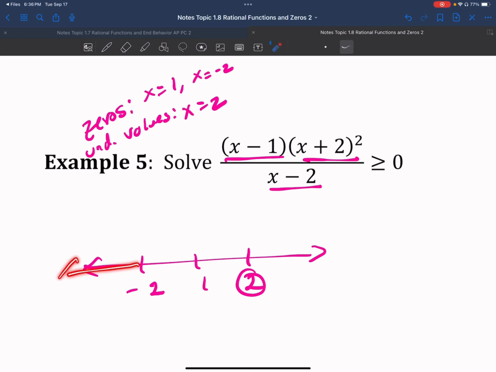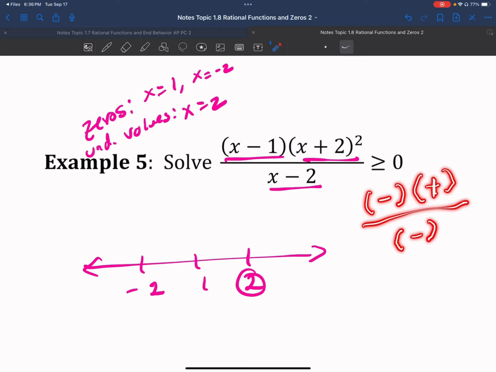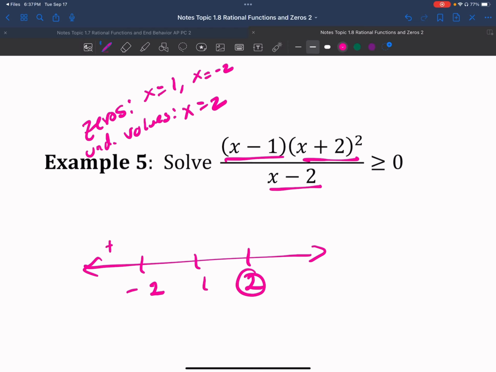So a number less than -2, like -3. -3 minus 1 will give me a negative. -3 plus 2 will give me a negative, but then I'm squaring it, giving me a positive. And then at the bottom, -3 minus 2 will also give me a negative. All I have is a negative divided by a negative, which will make it positive, meaning my first interval is going to be positive.